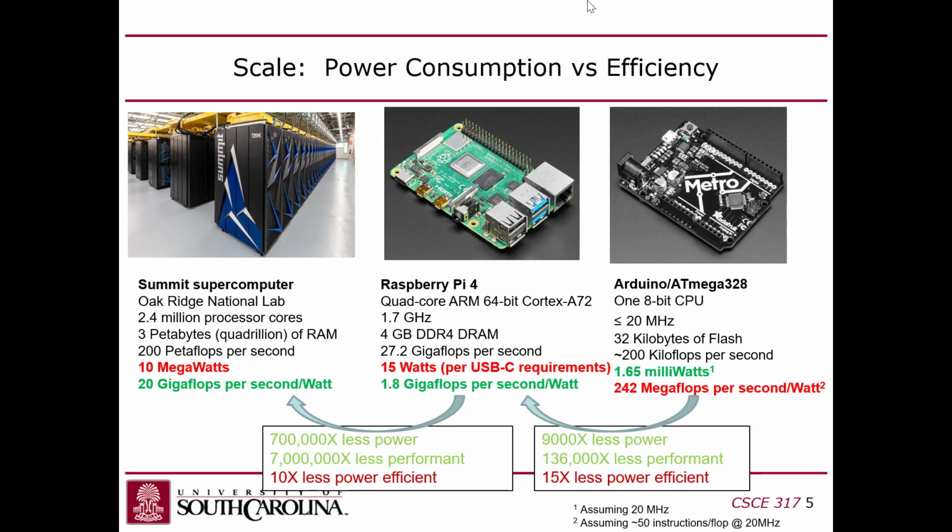The reason for that, and this is something I've observed in the work we've done in the lab, is that in general, as you scale down a computer's power requirement, it also becomes less power efficient. The Arduino is 15 times less power efficient than the Raspberry Pi, and the Raspberry Pi is 10 times less power efficient than Summit.